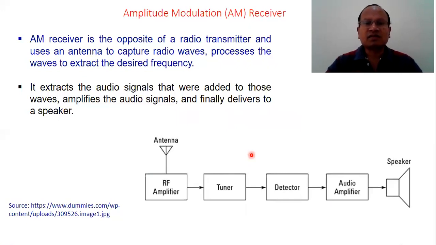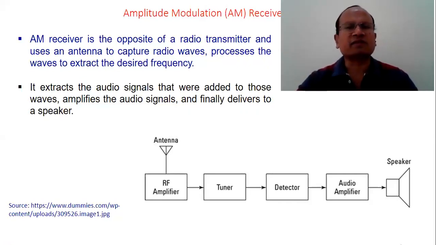Here is a simple block diagram, the very first block diagram used for recovering the amplitude modulated signal. In the diagram, there is a receiving antenna which receives the signal, and then it is fed to the RF amplifier.